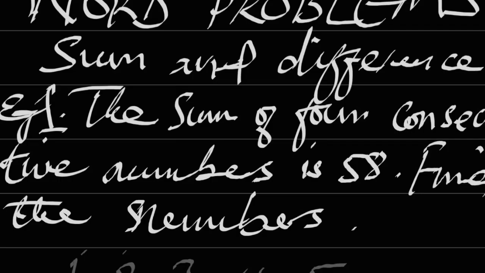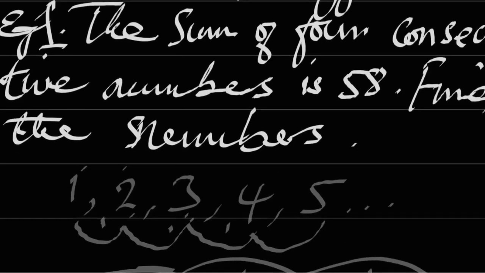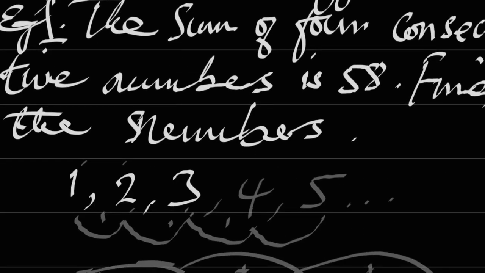Find the numbers. First of all, we need to know what it means by consecutive numbers, or when we arrange something consecutively. Consecutive numbers are numbers that are arranged in such a way that the difference between them is the same. Let's say, for example, 1, 2, 3, 4, 5.